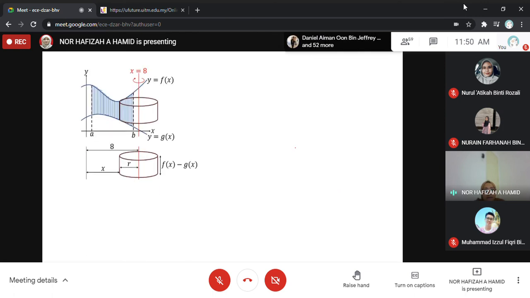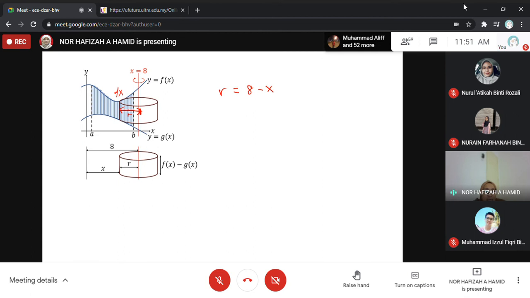Lepas tu substitute dalam you punya formula. Okay, so for example, for case 3, pun sama juga. Okay, so you nak calculate you punya thickness. So thickness dia is dx. And for the R, okay, so R is 8. You minuskan dengan X. Okay, so R is equal to 8 minus X. So ni you punya R. Okay, so you punya right dia is 8.